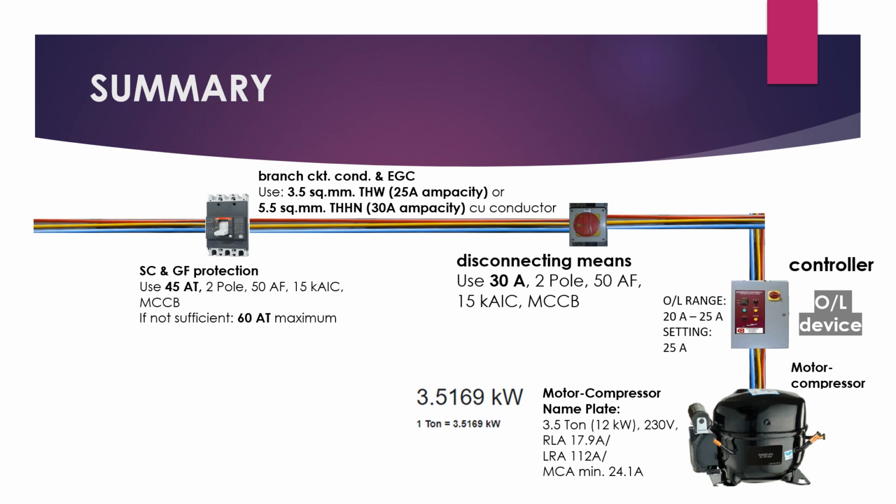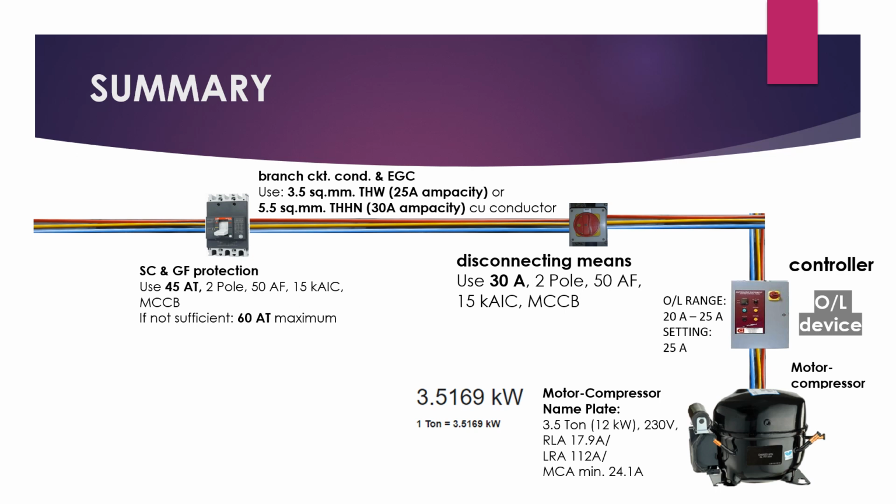So here, as we can see in the summary of the circuit, all the values match. So if you see, the conductor ampacity is 25 ampere minimum, which is also matching with the disconnecting means, which is 30 ampere. And it is also matching with the overload setting, which is 25 ampere.